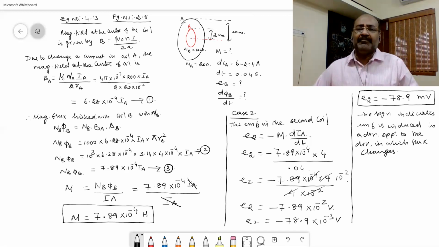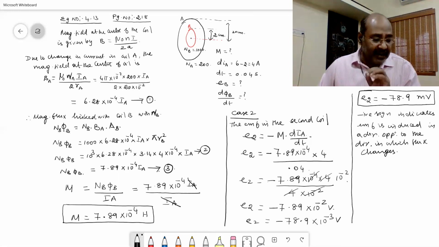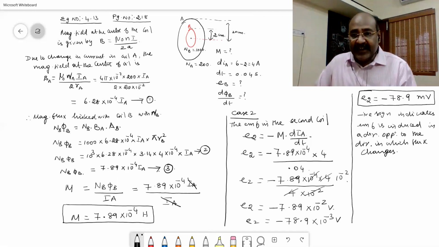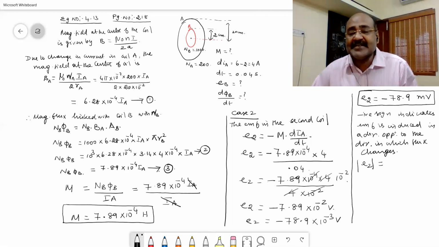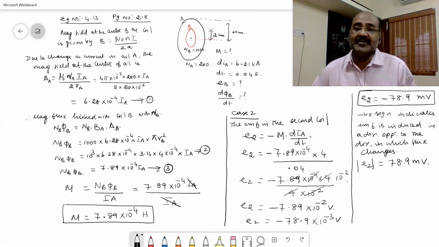If the magnitude of the EMF alone is being asked, see here they have asked only to determine the induced EMF. If it is induced EMF, we have to consider it in terms of minus. If the magnitude alone is asked, then the magnitude of EMF you can write as 78.9 millivolt.